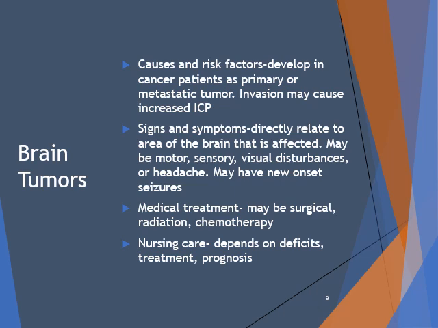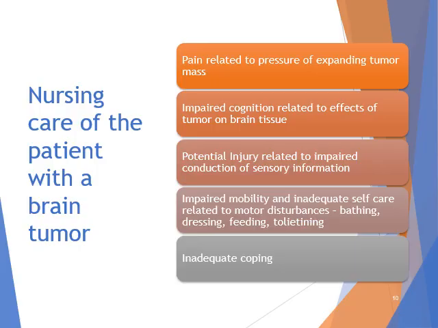Medical treatment may be surgical. They could have radiation, chemotherapy, depending on what is the problem. Nursing care depends on the deficits, so would the treatment, and so would the prognosis. So the nursing care of the patient with a brain tumor, this is following your interventions.